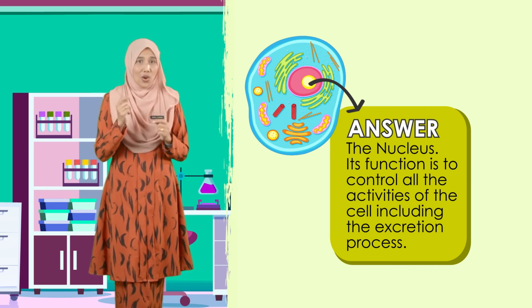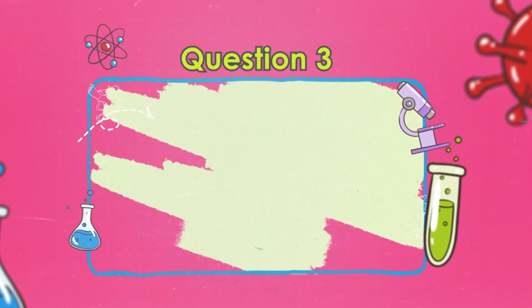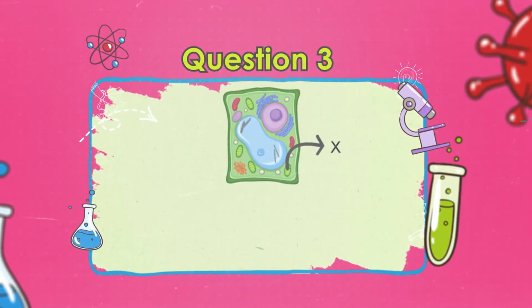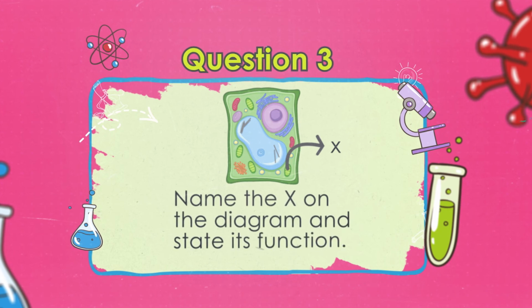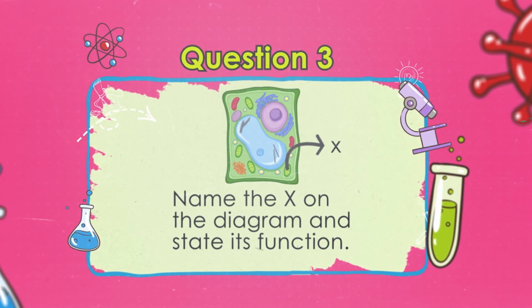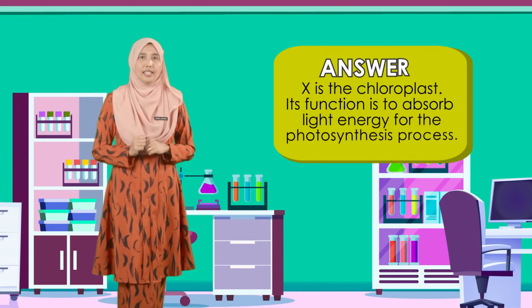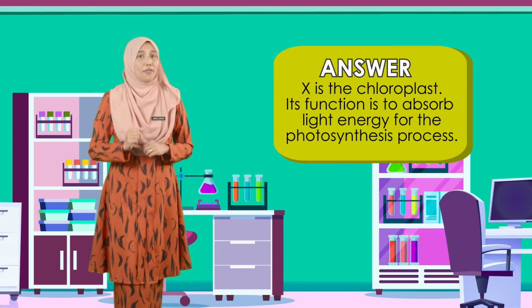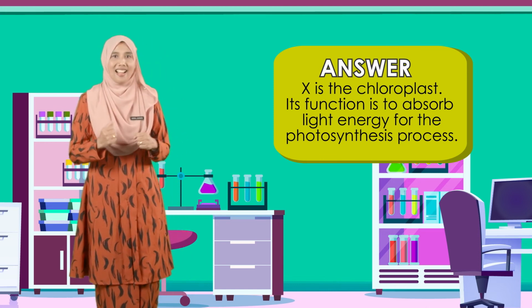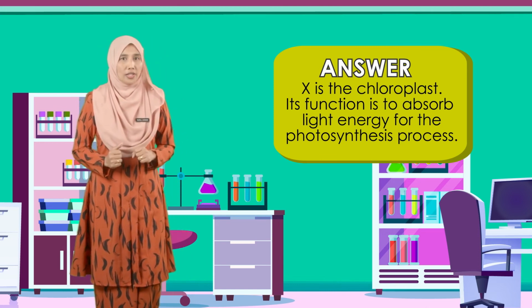Alright, let's go on to question 3. The diagram shows a plant cell. Name the X on the diagram and state its function. X is the chloroplast. Its function is to absorb light energy for the photosynthesis process.